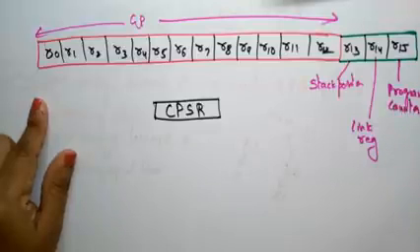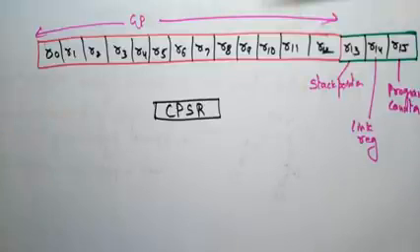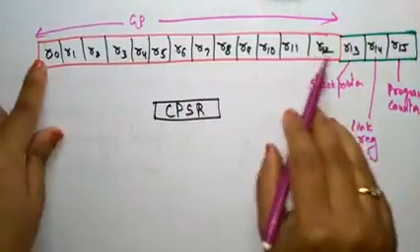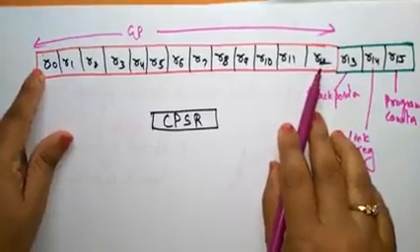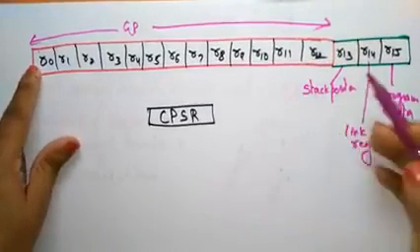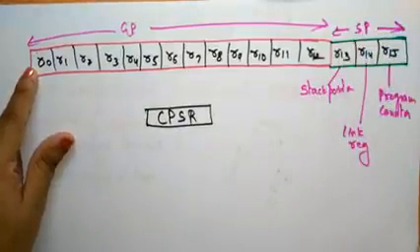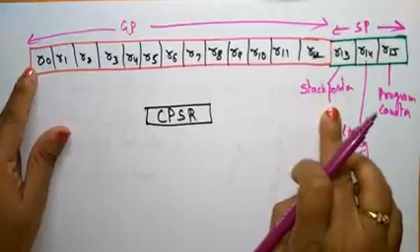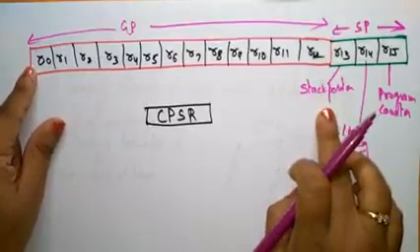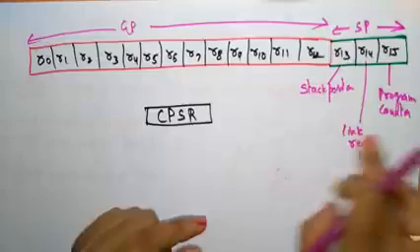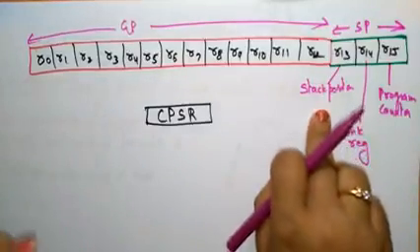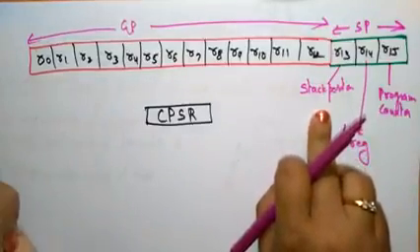These registers are assigned to hold only that information. R13 is only for the stack pointer, which means the address of the top of the stack will be stored here. These are the special function registers. R13 is the stack pointer, which holds the address of the top of the stack.